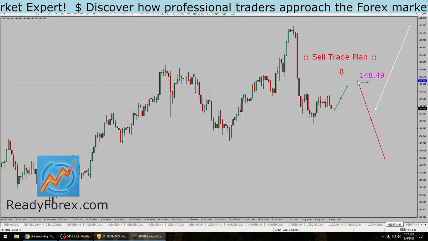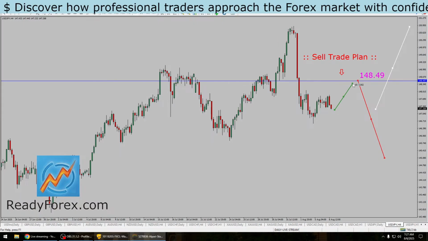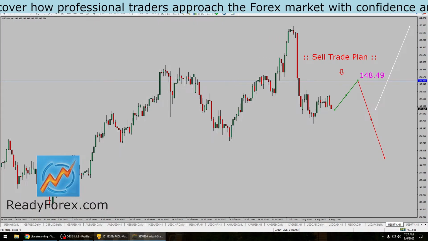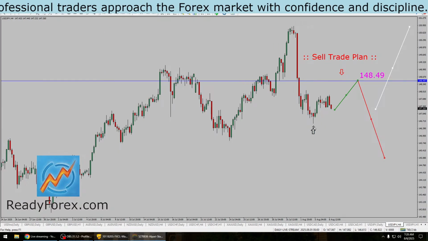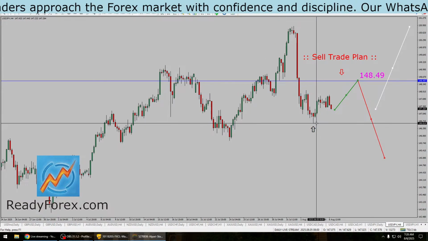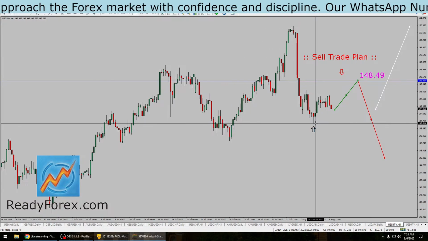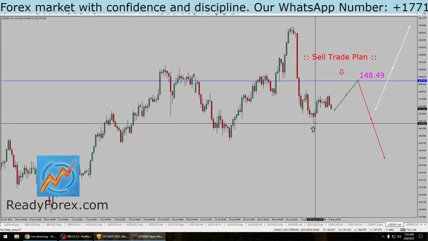So if you do not get a pullback around the 148.49 level, then the second idea is to look for a breakdown in market below this old swing low over here at the 146.60 area.